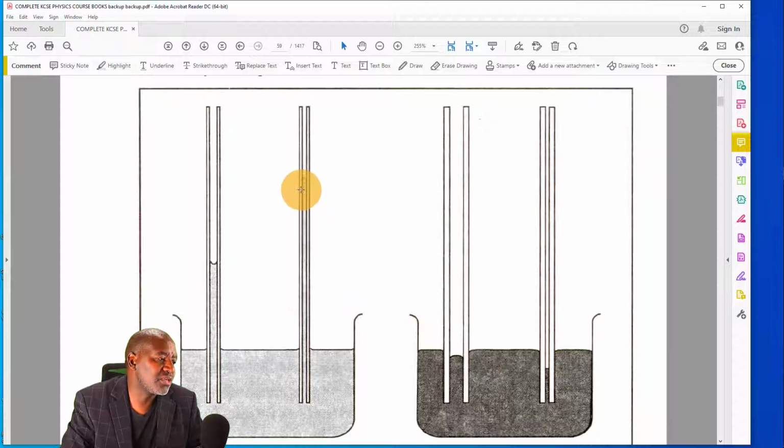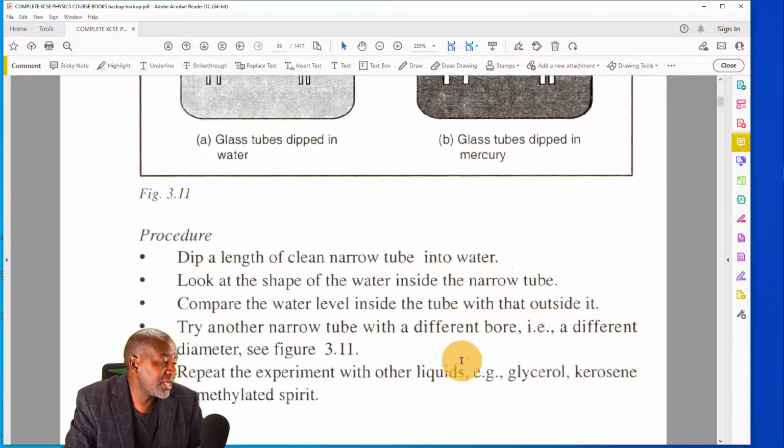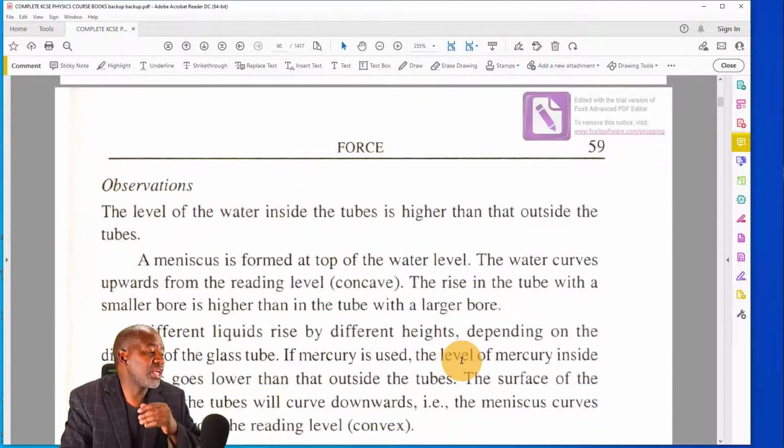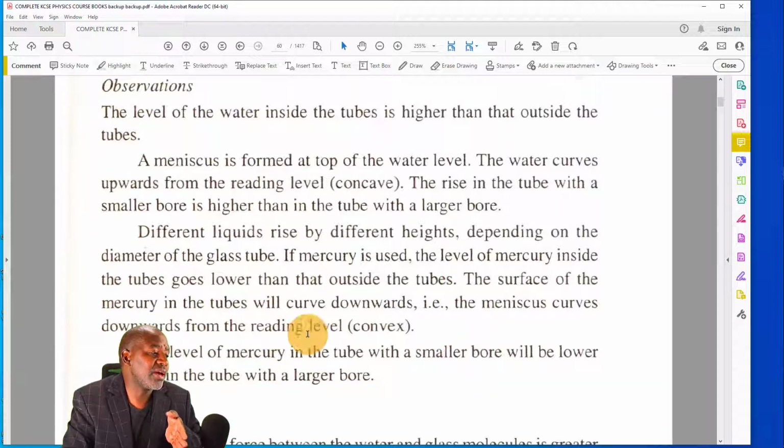That one is going to be greater because more water molecules have got to be in contact with the glass surface. The opposite is true if you put a thin tube in mercury: it will sink to a much bigger distance compared to this one here. So go right ahead and you'll be able to read the explanation there.